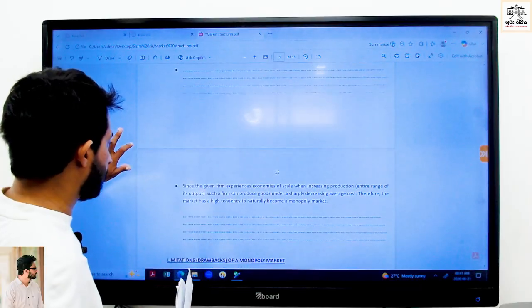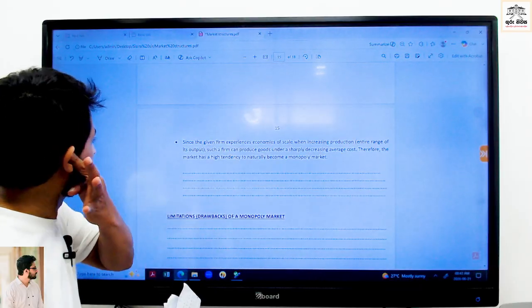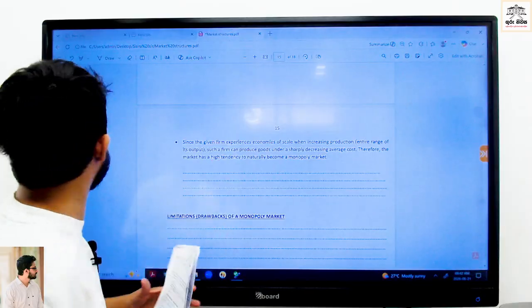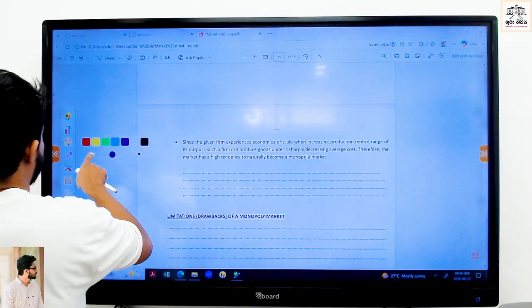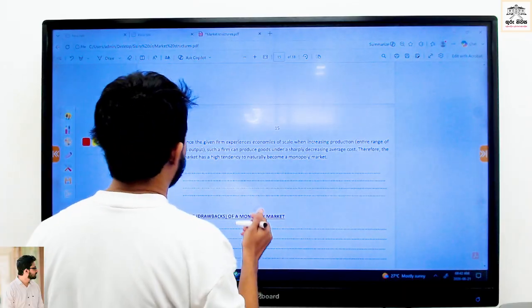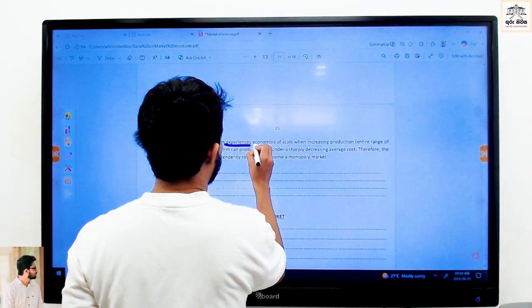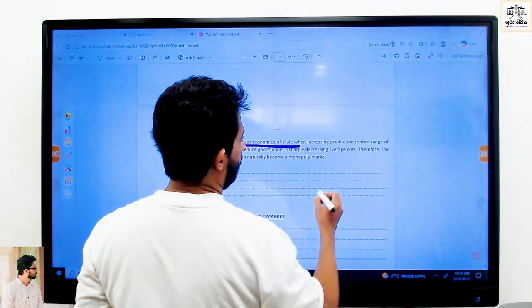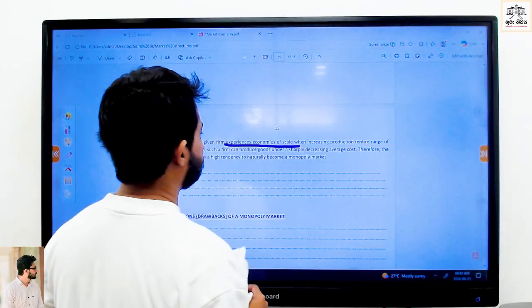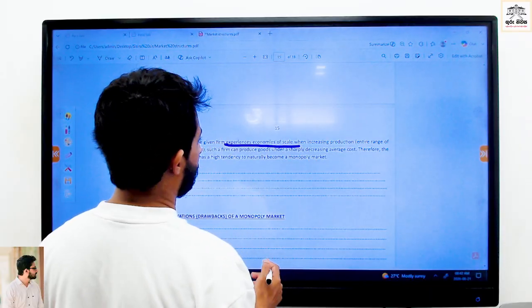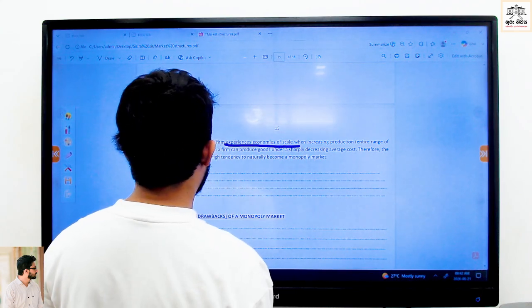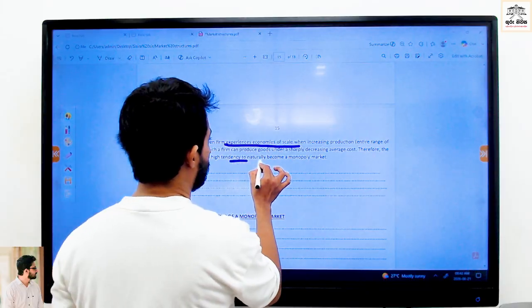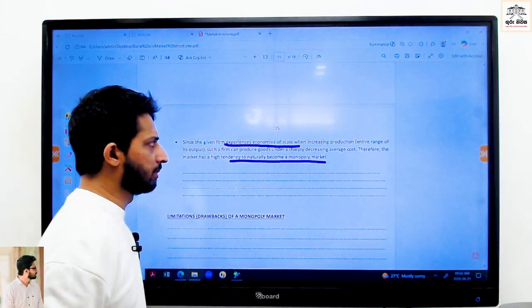Right, then after that you can see, since the given firm experiences economies of scale, I have given the reason as well. When production increases, such a firm can produce goods with a sharp decrease in average cost. Therefore, the market has a high tendency to naturally become a monopoly market.